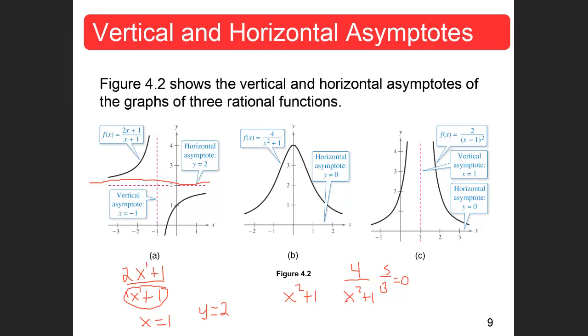Because a small number, let's say the small number is 1, and the big number is huge, it's very close to 0. So that horizontal asymptote is 0. So if the variables on top and bottom are the same, we just take the coefficients out in front. If I have a small exponent on top, big exponent on the bottom, horizontal asymptote will always be 0.